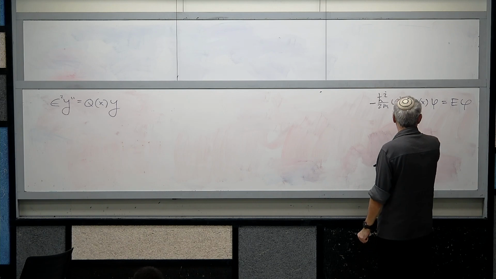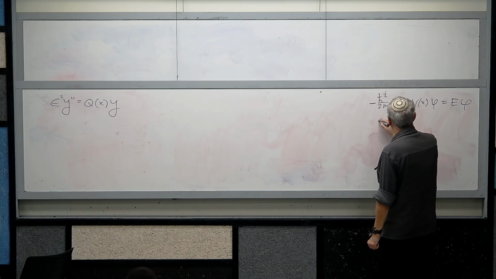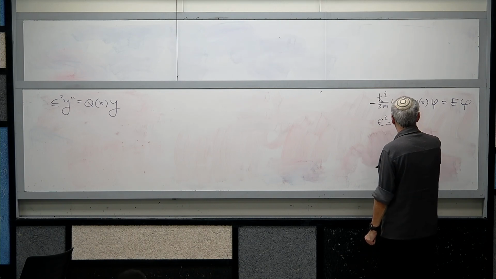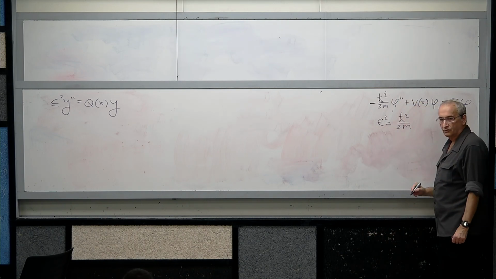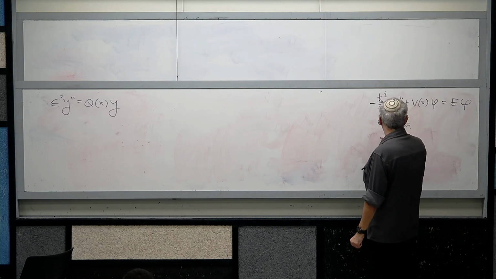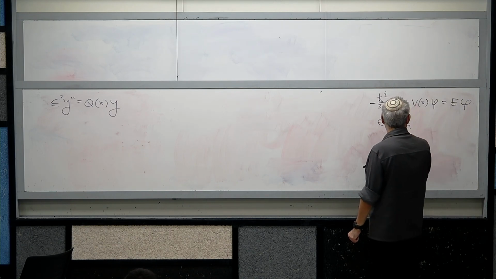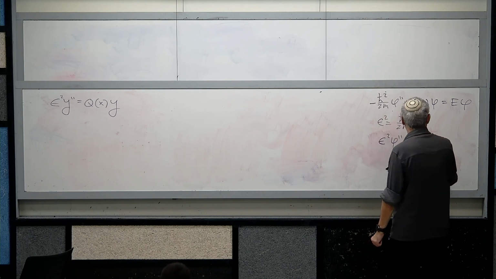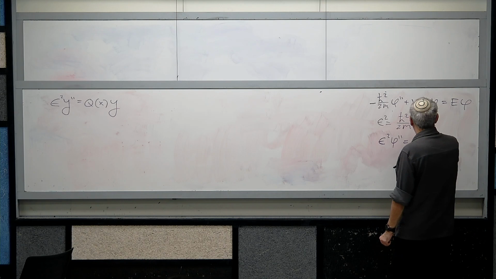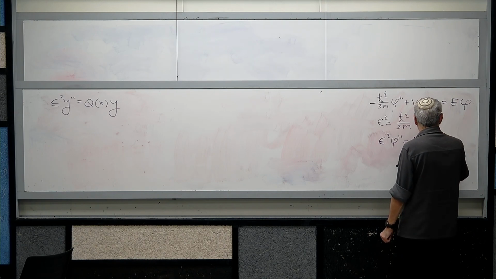For future use, let's define epsilon squared as h squared over 2m, and then multiply all this by minus 1, so we have epsilon squared phi double prime equal to v of x minus e, times phi.